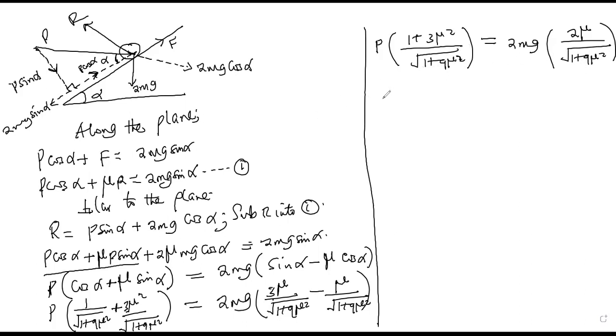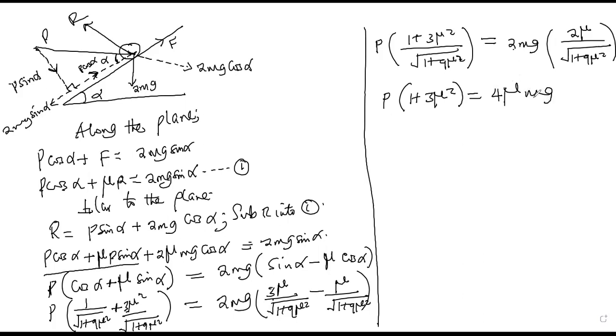So I'm going to have my P into 1 plus 3 mu squared is equal to 4 mu mg. Well, this is 2 times 2, so it is 4 mu mg.